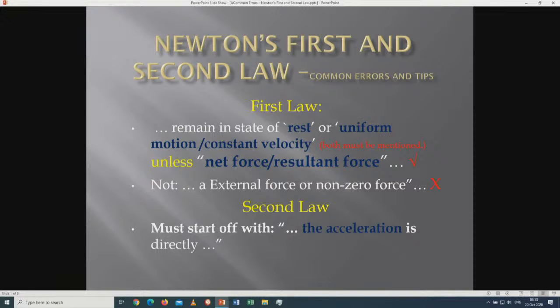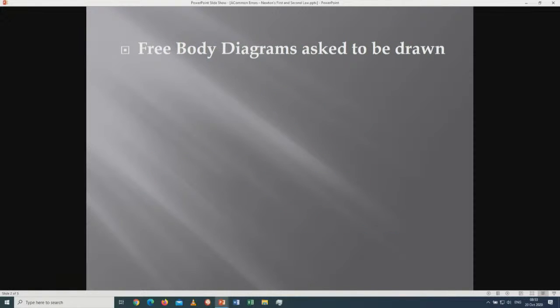If you don't mention it in the preamble, then at least you must mention it in the second part: the acceleration is directly proportional to the net force. So very important, the word net force also. And then secondly, start off with acceleration and then compare it to the force and the mass.